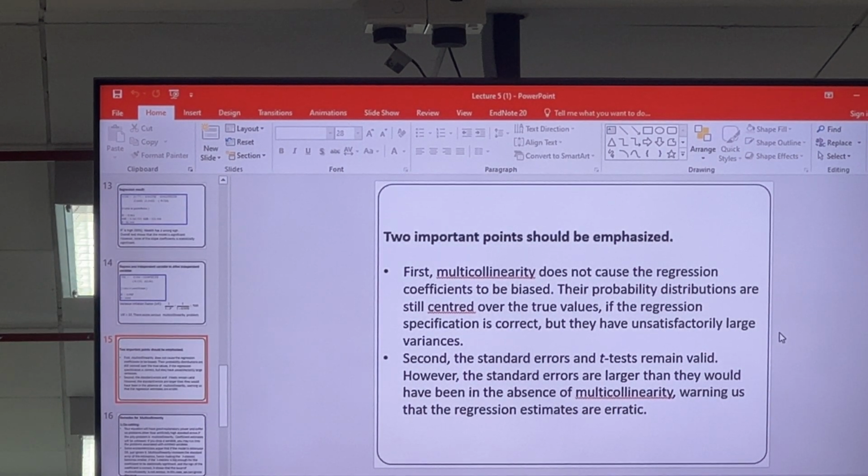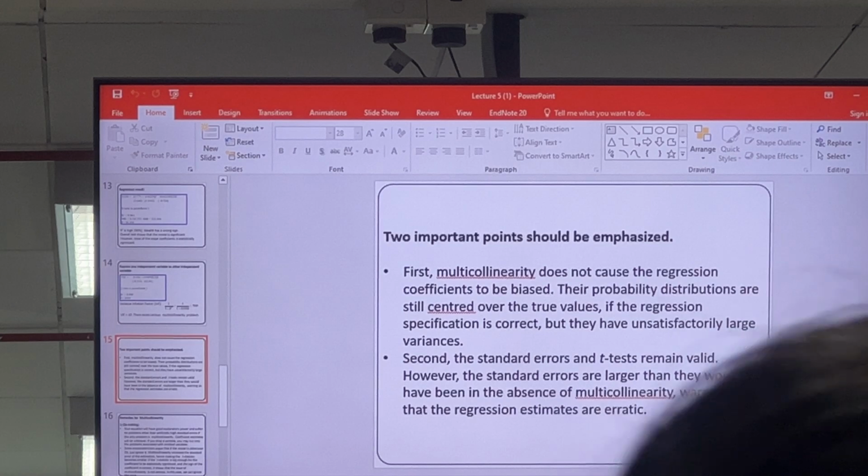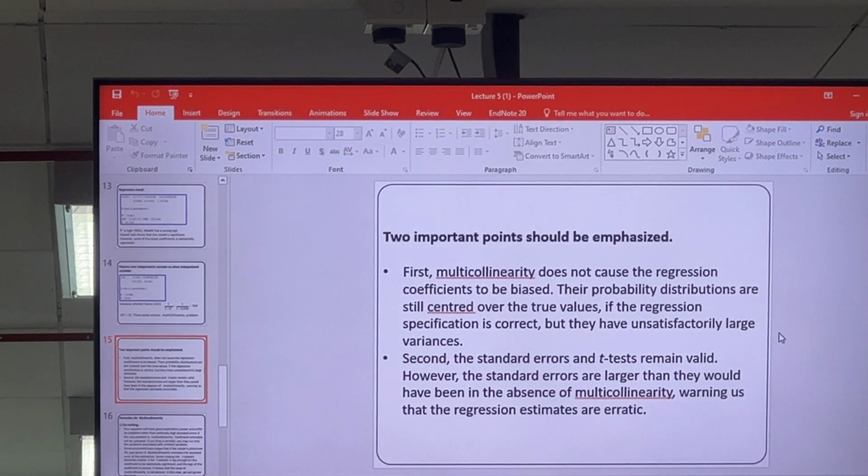Remember I explained to you what the meaning of an unbiased estimator is? When you estimate from a sample, different samples will give you different estimates of beta 1 hat. This is what we call the sampling distribution of the estimator.